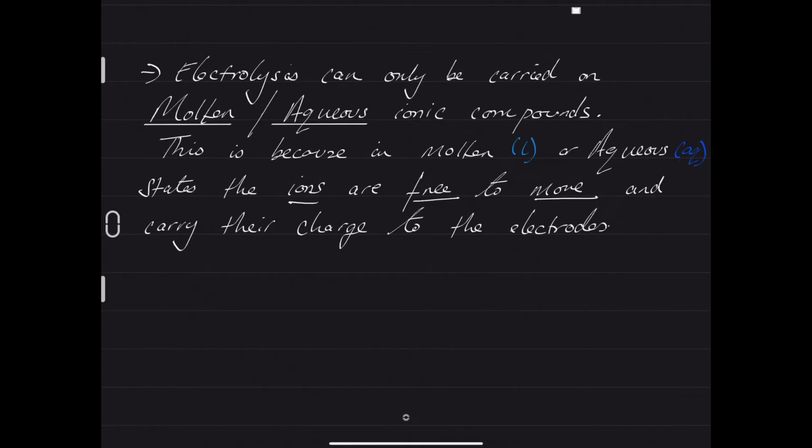All right, so this is why it's important to have a molten or aqueous state for the ionic compounds.